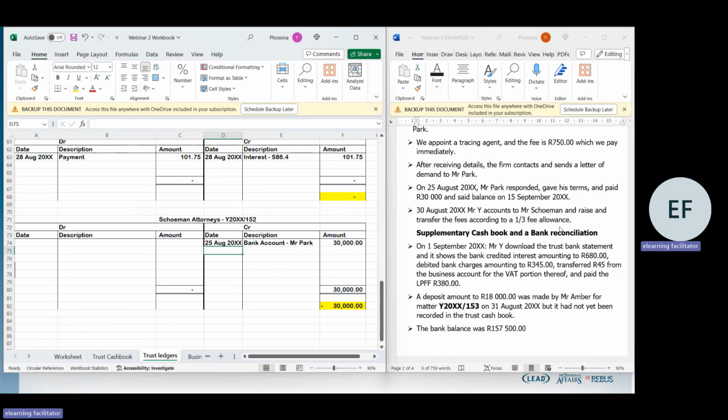So it's going to be Schoeman attorneys, and it's for our reference 20XX stroke 152. And how much is it? It is going to be 10%. So we collected 30,000 multiplied by 10%.